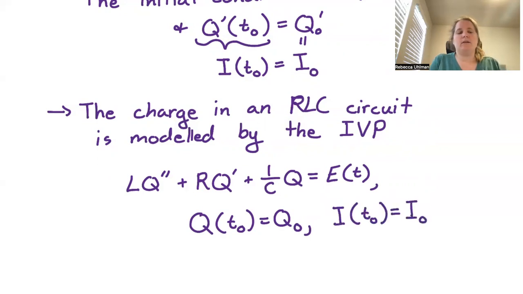So initial charge and initial current is usually how we will be given that information. And then you just need to keep in mind that the initial current is actually the initial derivative of charge. So this is our basic RLC circuit. We will do some examples in the next videos.